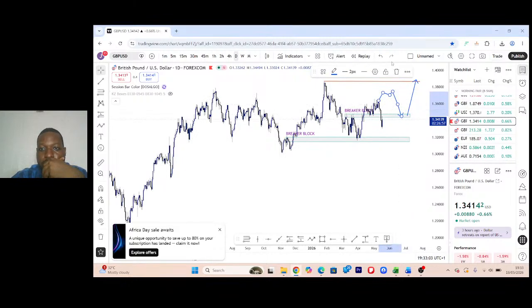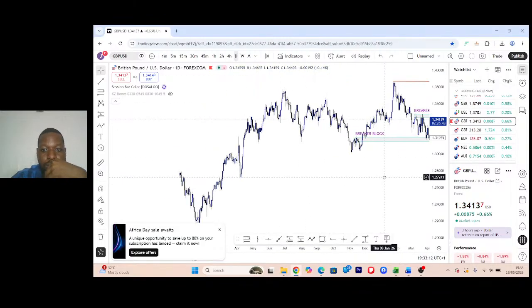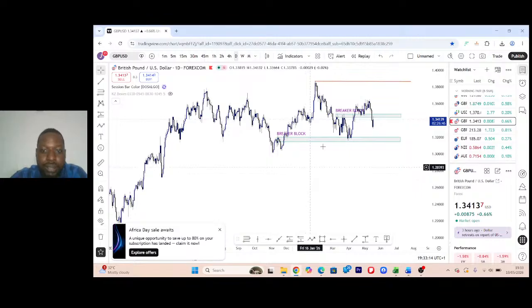So that is the directional bias. Because again, when you look at it, you can see that it actually broke, so it's going to move from here, then move down, and from here finally go up.